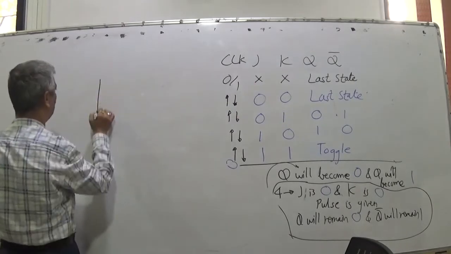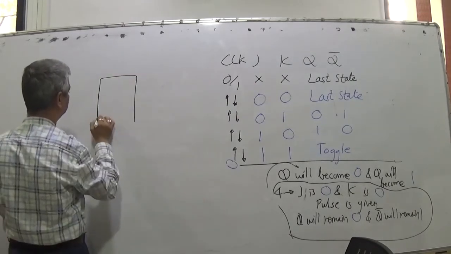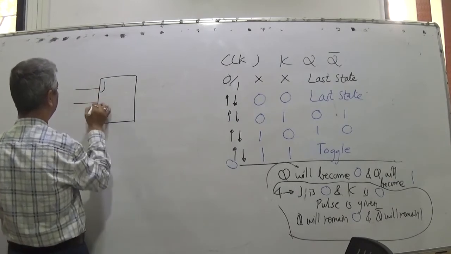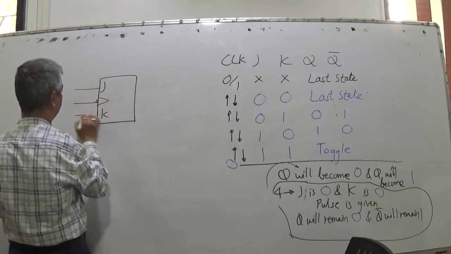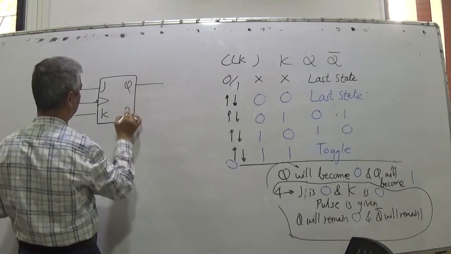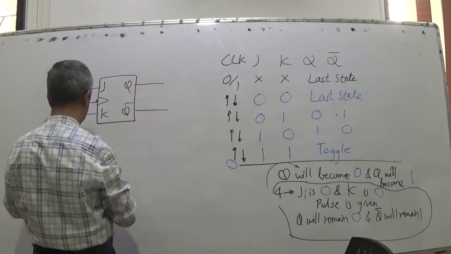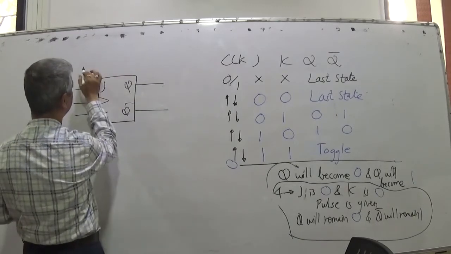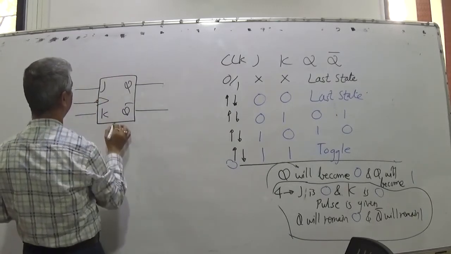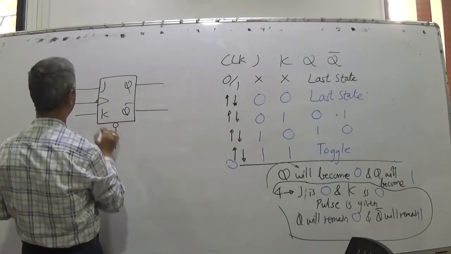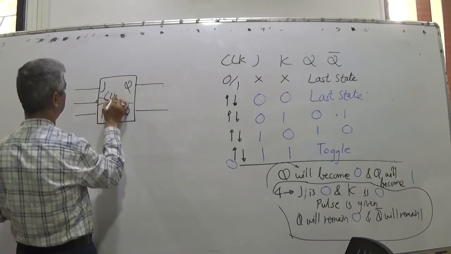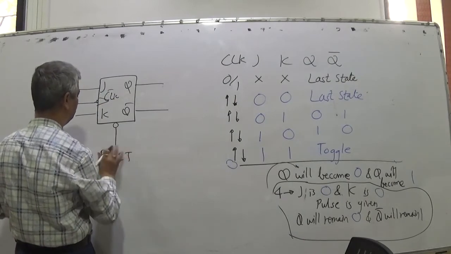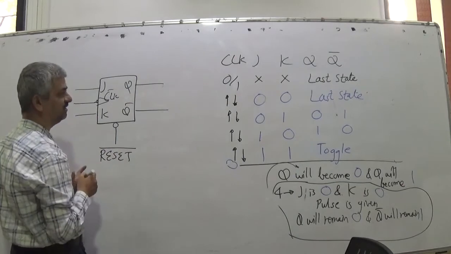So now there is one more pin. J, K and clock are the conventional pins, Q and Q bar. J, K, clock, Q and Q bar, and there is one reset bar. Now why bar? Sometimes it is active low. Reset input, master, or is also called clear input.